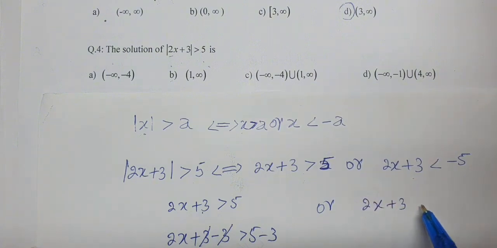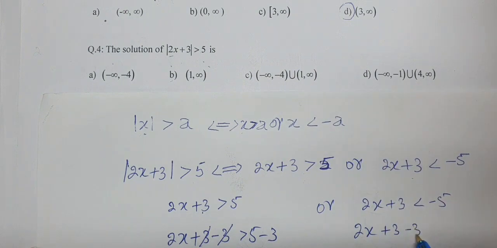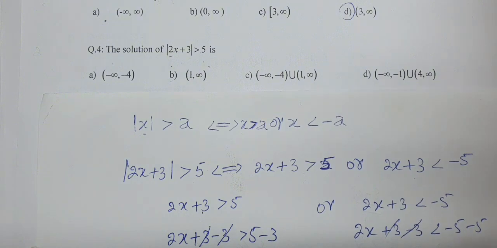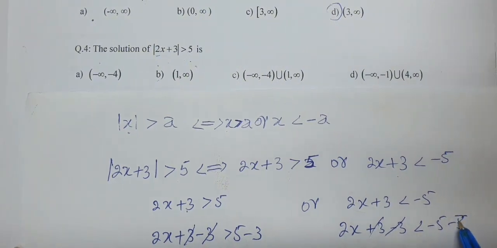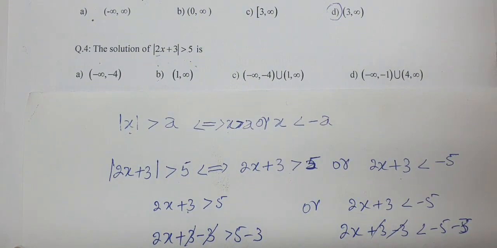Now we have another inequality, 2x plus 3 less than negative 5, and similarly we can shift this 3 to the other side. So from there we get negative 5 minus 3, which is negative 8.